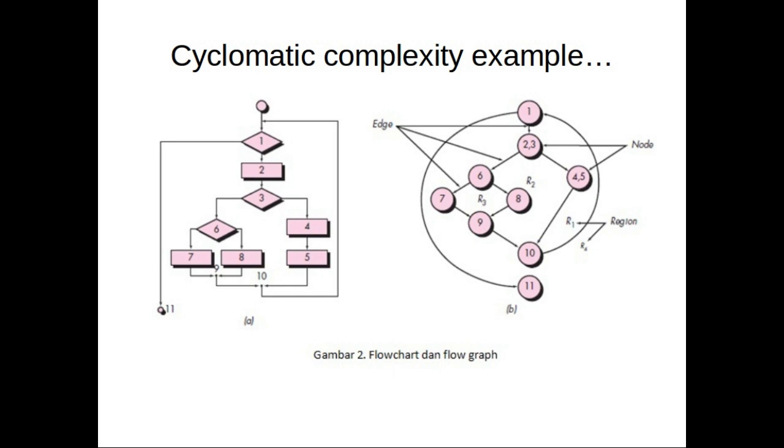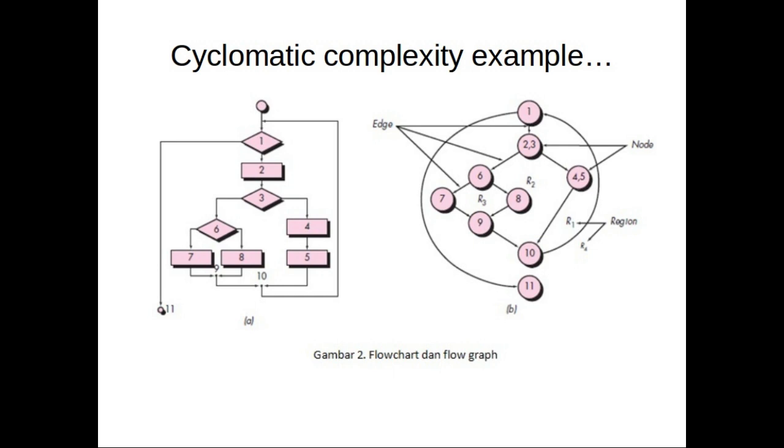When compound conditions are encountered in a procedural design, the generation of the flow graph becomes slightly more complicated. A compound condition occurs when one or more Boolean operators like logical OR, AND, NAND, NOR is present in a conditional statement.